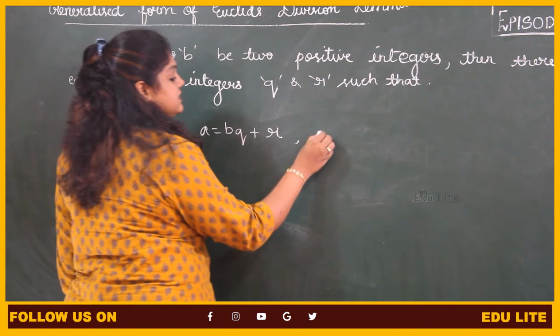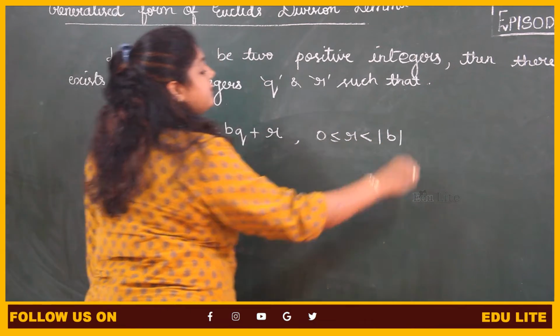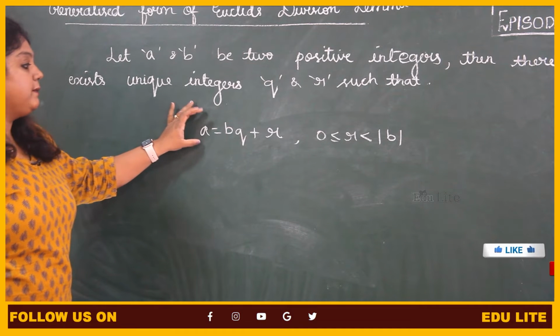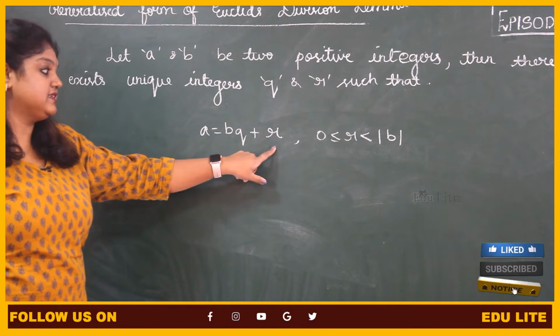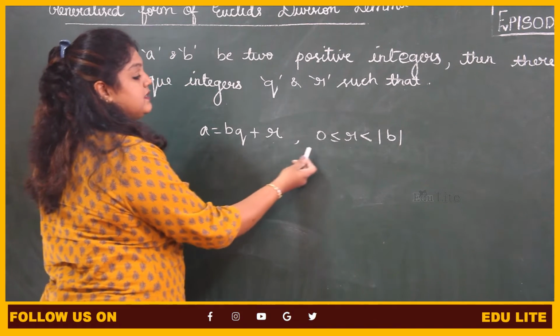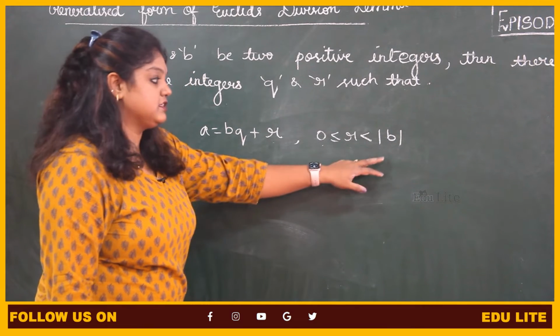The only difference is that the R value varies between 0 and mod B. And we all know that A equals BQ plus R, where A is the dividend, B is the divisor, Q is the quotient, R is the remainder. This represents that the remainder value must vary between 0 and the modulus of B. We all know what modulus of B is.